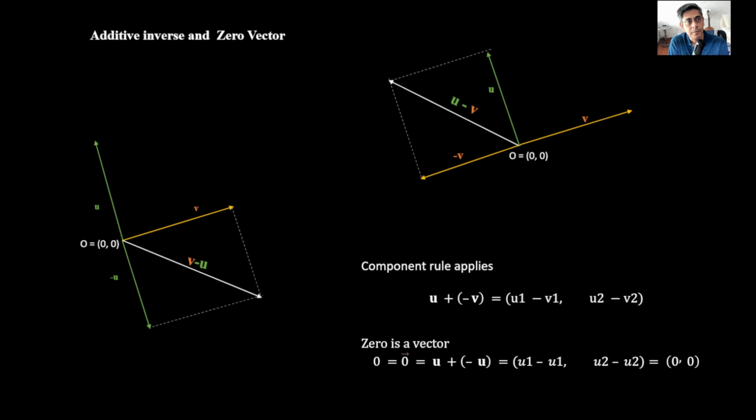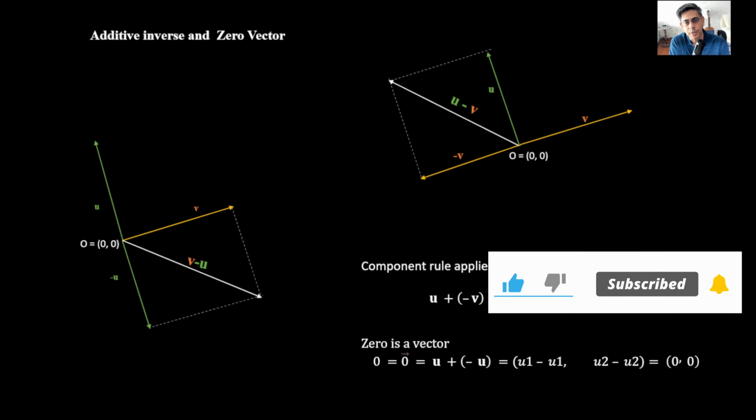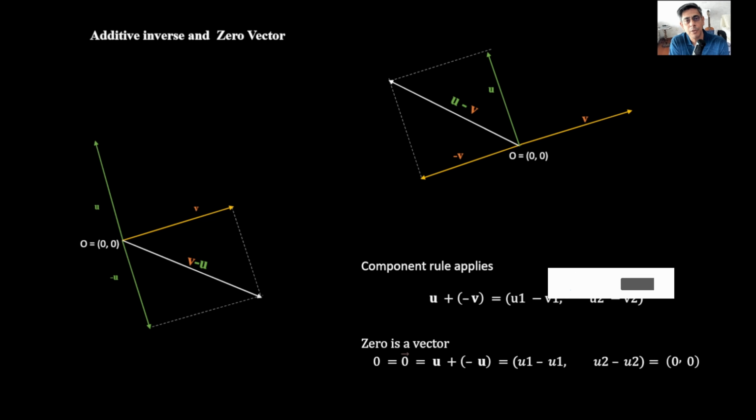Like we said, it is incidental, something which mathematicians discovered, that they follow the same algebraic pattern as real numbers. But that may not be true all the time. So that's why this has to be verified and validated at each and every step.